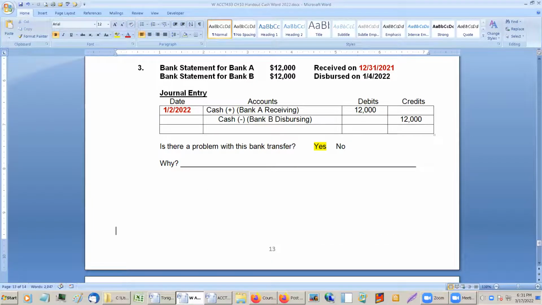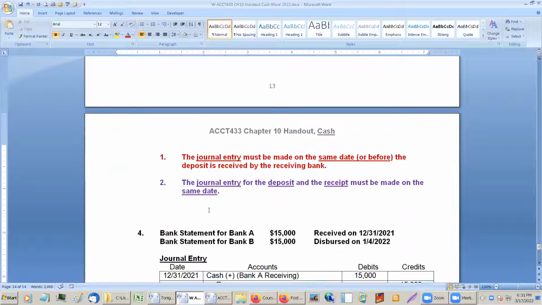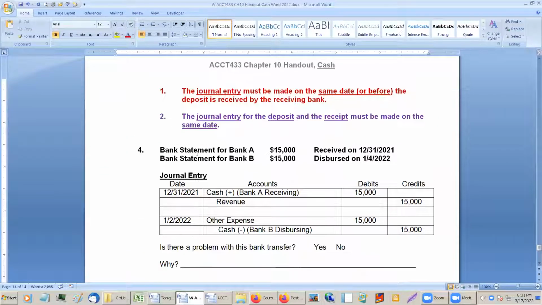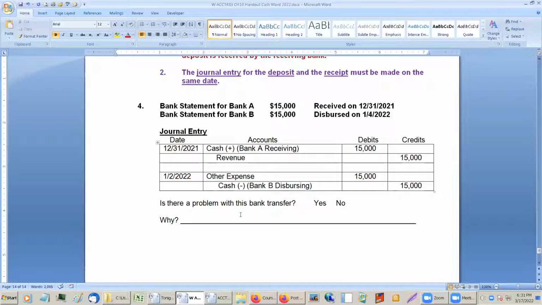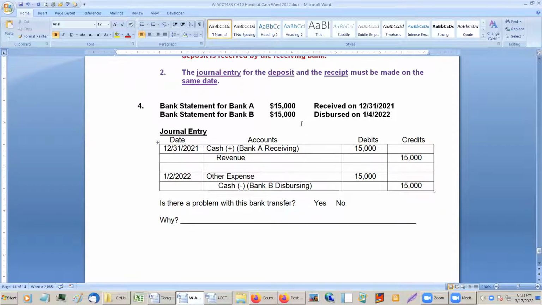Okay, number 4. Number 4. I don't know if you can hear that, that's my crazy dog. Number 4 is the danger of splitting up the journal entry.